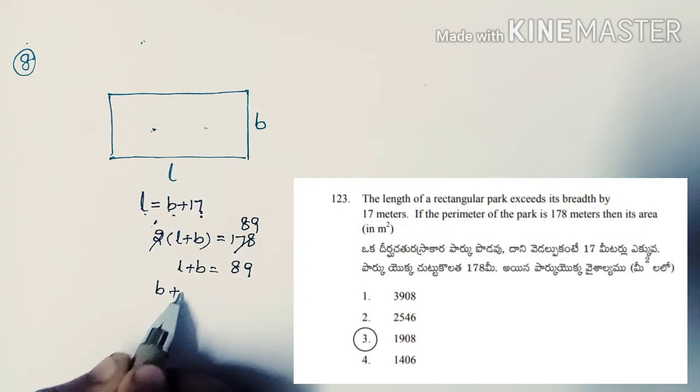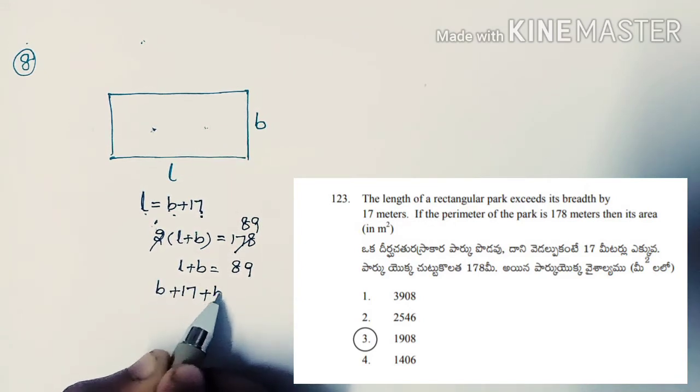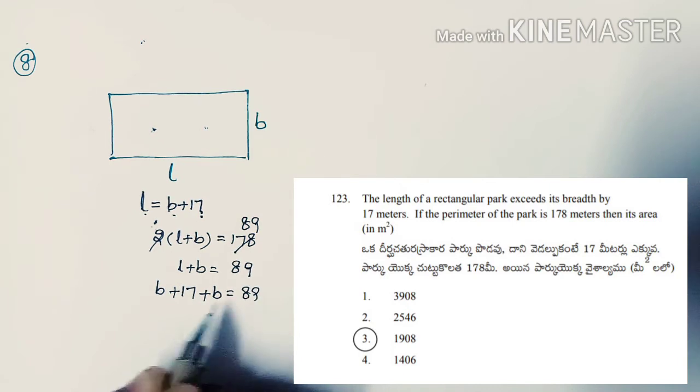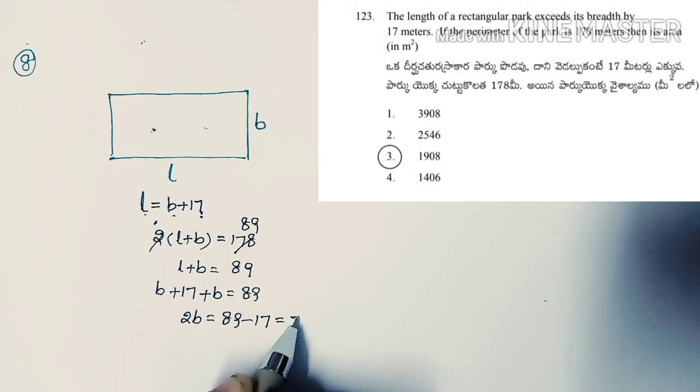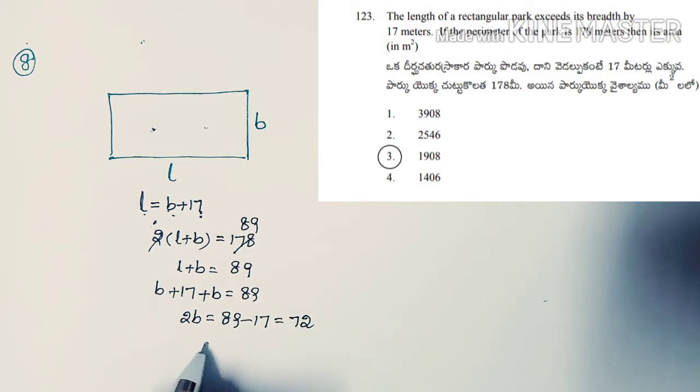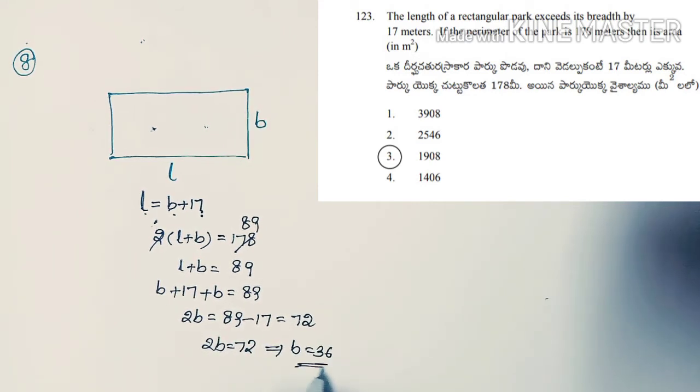That is B plus 17 plus B is equal to 89. B plus B, 2B is equal to 89 minus 17, which is 72. That is 2B is equal to 72. Then the value of B is equal to 36. So this is the breadth value.